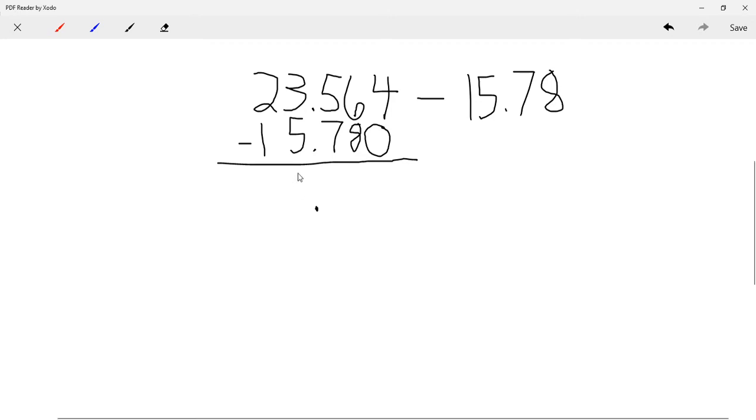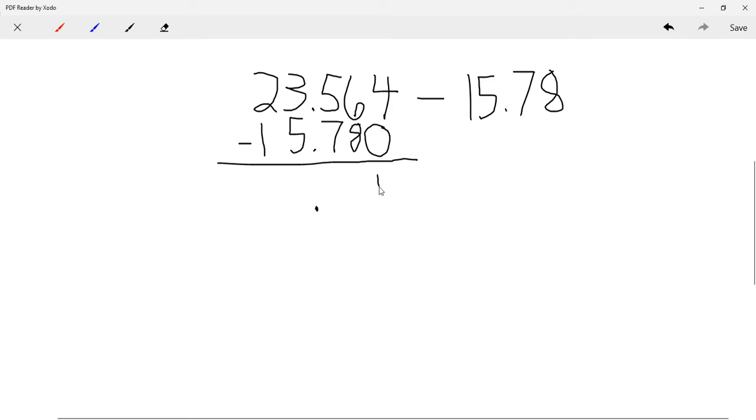So it would be 8,000 instead of 8. So you need to make sure that you bring the decimal down. And then basically, it's just subtracting like any other standard algorithm now. You line up the decimals, bring the decimal down, and then it's just completely normal standard algorithm subtraction.